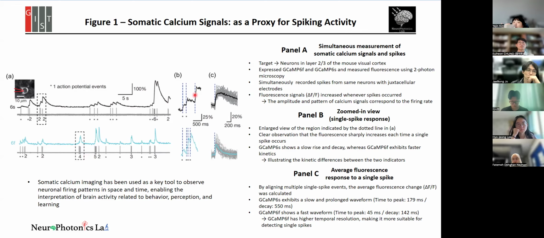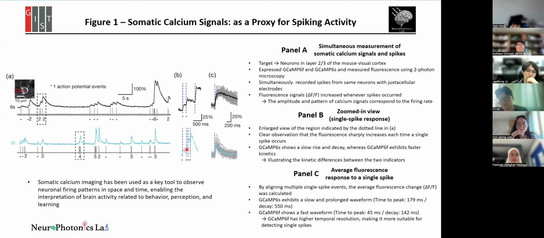Panel B shows a magnified view of the region indicated by the dashed lines. There is a clear observation that the fluorescence sharply increases each time a single spike occurs. GCaMP6s shows a slow rise and decay, whereas GCaMP6f exhibits faster kinetics, illustrating the kinetic differences between the two indicators.